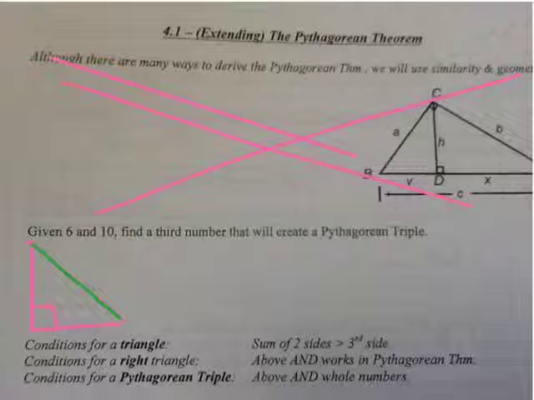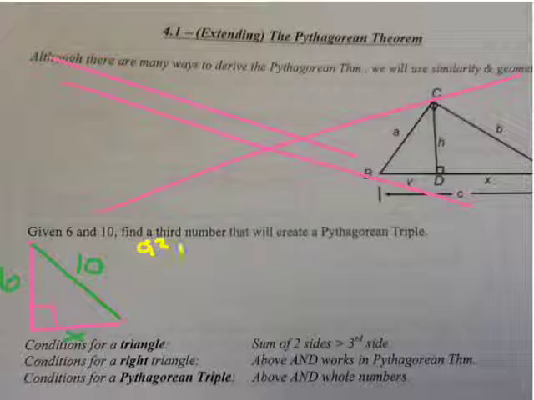So that means 6 is never going to be our hypotenuse. That means 6 has to be a leg. But 10 could possibly be our hypotenuse. And that means our missing term would be the other leg of our right triangle. Well, it's kind of like a guess and check. You would just have to use the Pythagorean theorem.